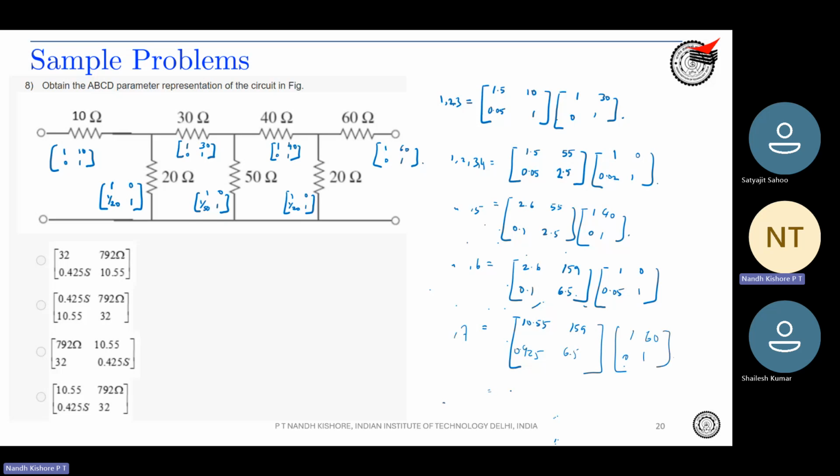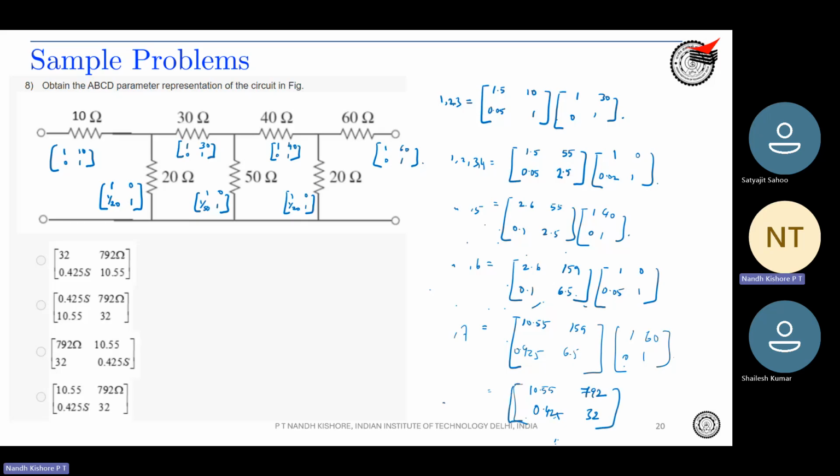1, 60, 0, 1. So you get 10.55, and 10.55 into 60 plus 159, you get 792, and 0.425, and 0.425 into 60 plus 6.5, you get 32.